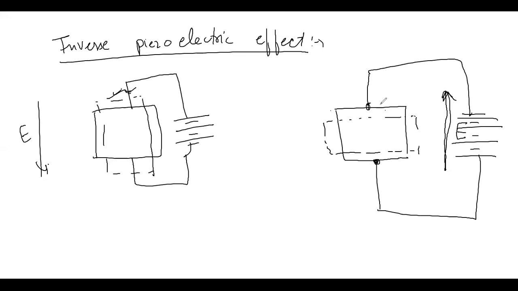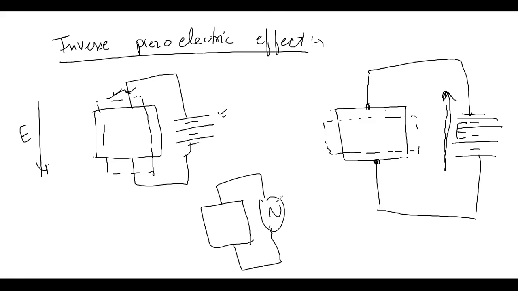Now, what I can do is that rather than connecting a DC battery here, if you can connect an AC battery here. तो क्या होगा? आपका इलेक्ट्रिक फील्ड AC की जो फ्रीक्वेंसी होगी, उस फ्रीक्वेंसी के साथ इस क्रिस्टल के ऊपर आप जो इलेक्ट्रिक फील्ड अप्लाई करोगे, उसकी जो डायरेक्शन है वो चेंज होती चली जाएगी. एक बार इलेक्ट्रिक फील्ड इस डायरेक्शन में लगेगा, फिर इस डायरेक्शन में लगेगा, and it will be a repetitive cycle.